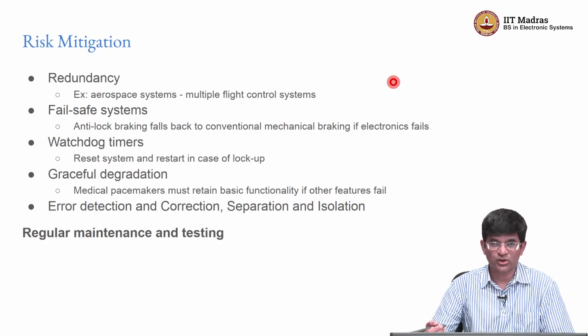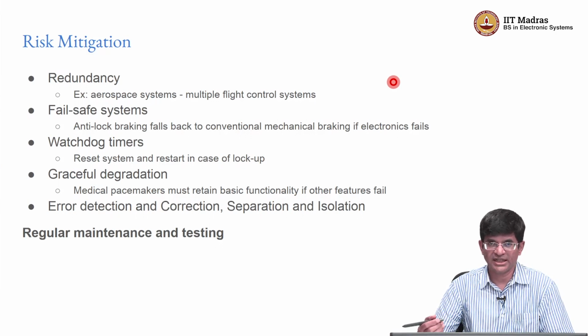Now, for example, in aerospace systems, as I said, since loss of control means that you cannot really do anything, you can't even move off to the side or land safely easily, they typically just invest in multiple flight control systems, right? It's worth the extra cost, even though having multiple systems in place just to deal with exactly the same scenario will definitely incur extra cost.